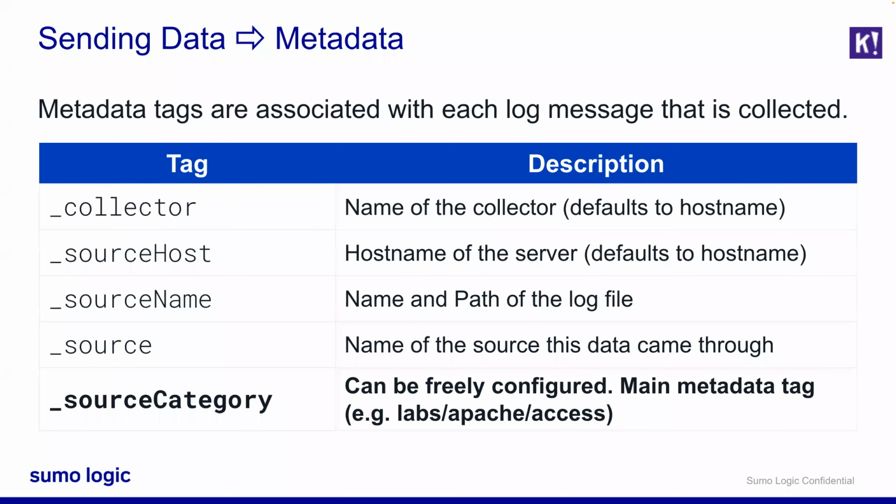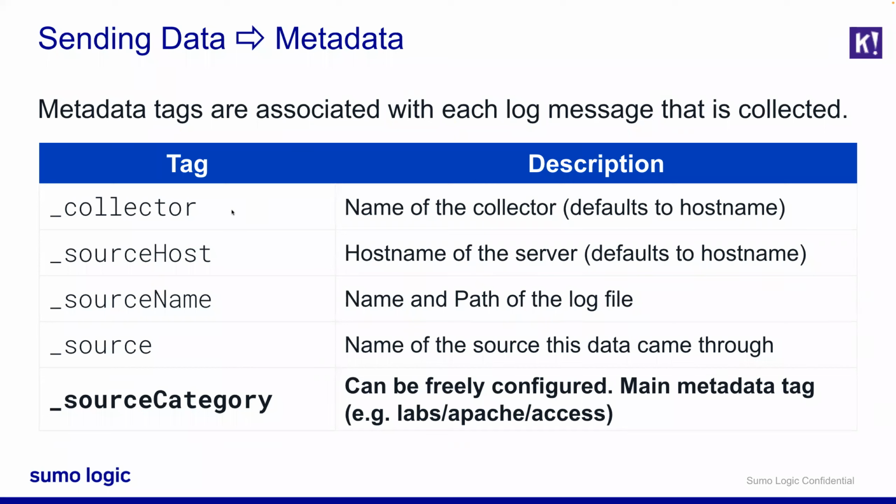So when you collect the log messages and they're brought into Sumo Logic, these tags are applied to your data. Some of these tags are applied automatically, and some you or an administrator in your organization will have the ability to make up or decide what they are. The ones that are not bolded, the first couple, get applied automatically.